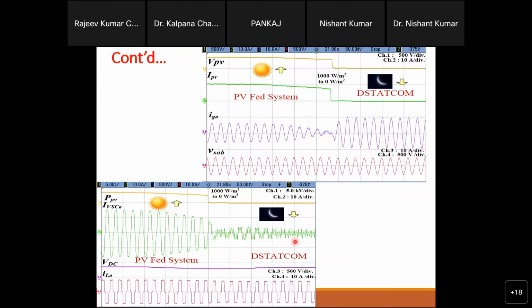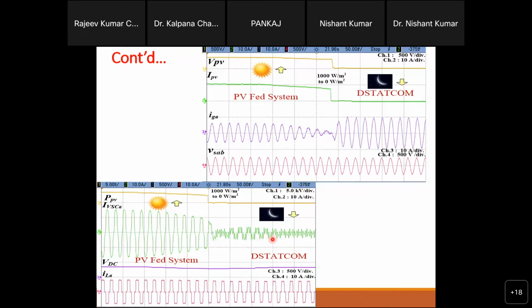But the question is: in the night time, when we don't have any source, who will provide the power to generate this nonlinear current? The answer is the grid. In the night time, the grid gives active power to the load as well as active power to our converters, so the converter uses that active power for generating the nonlinear currents.